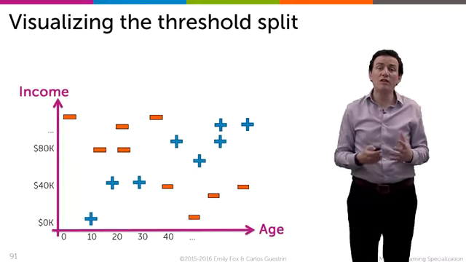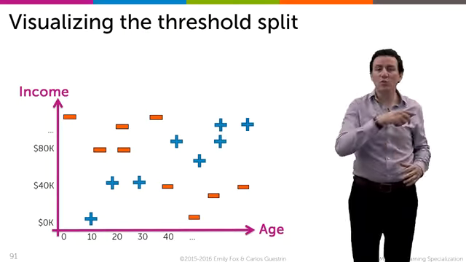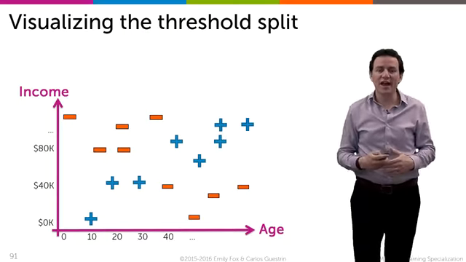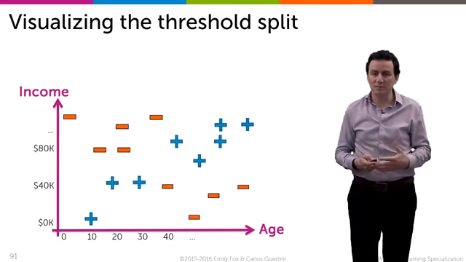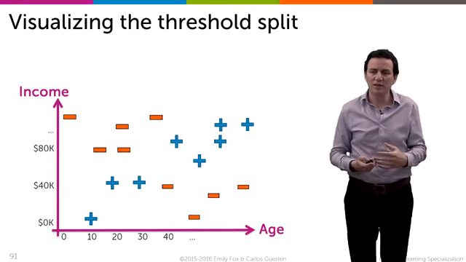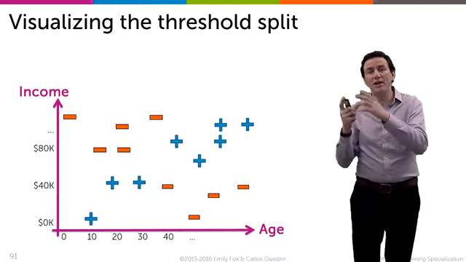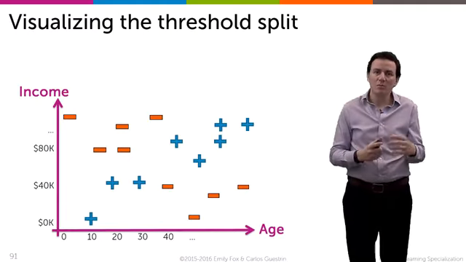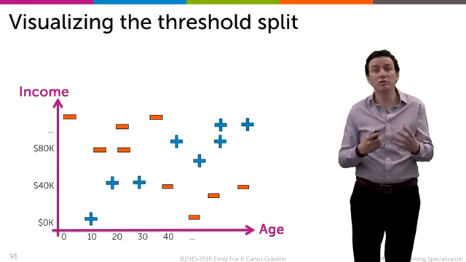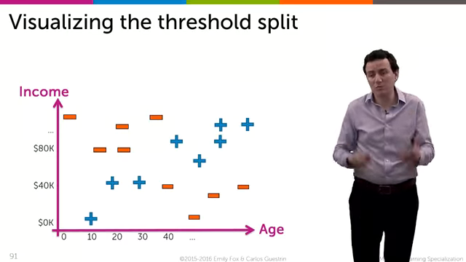Now let's suppose that we have two continuous-valued features. We have income on the y-axis and age on the x-axis. You see there are some positive and negative examples laid out in 2D. The other interesting thing is that older people with higher incomes tend to be safe loans, but younger people might have lower incomes and still be safe loans, because those people might make more money over time, let's say.